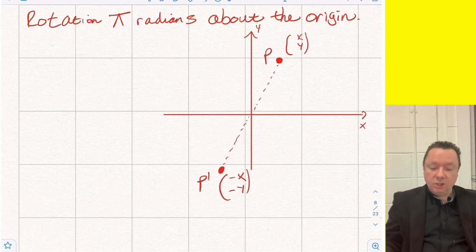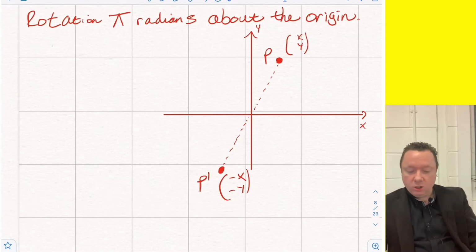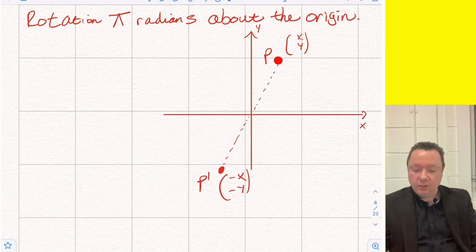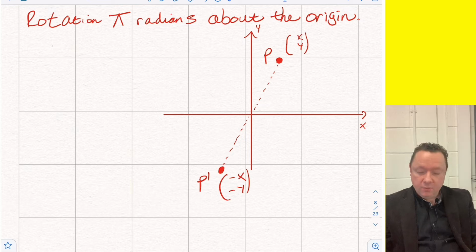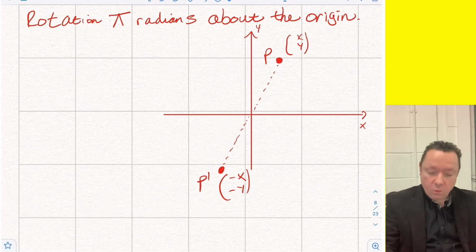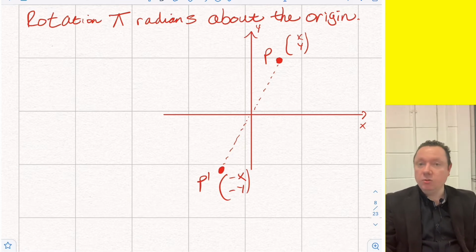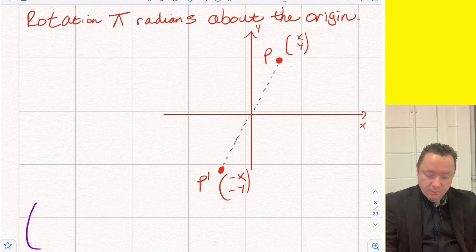Moving on to some rotations. Rotation by pi radians about the origin. So if we take a point x, y and just rotate it 180 degrees, pi radians, then x becomes minus x and y becomes minus y. Let's look then at what that transformation matrix would be. So we've got minus x, minus y. Should be getting the hang of this now.